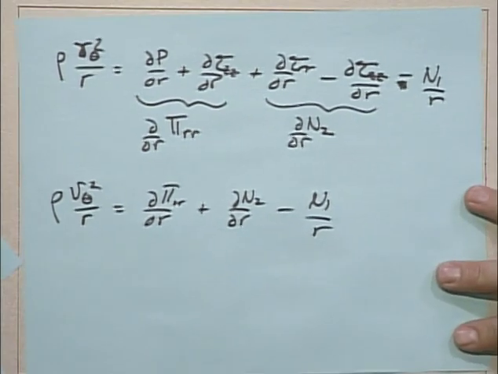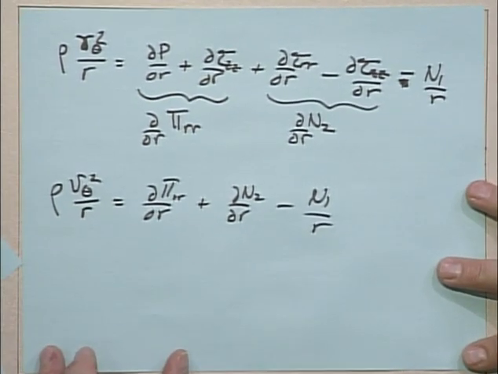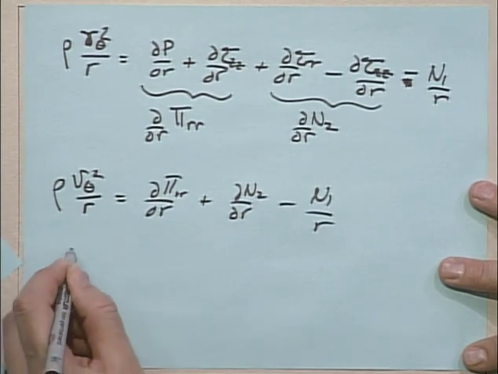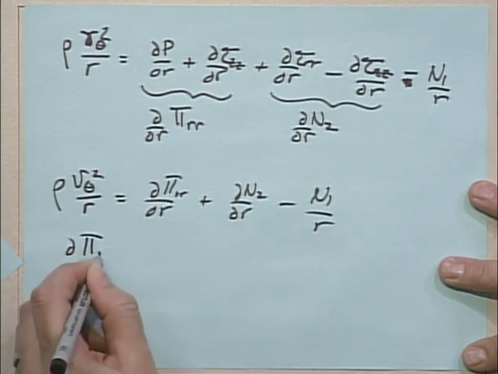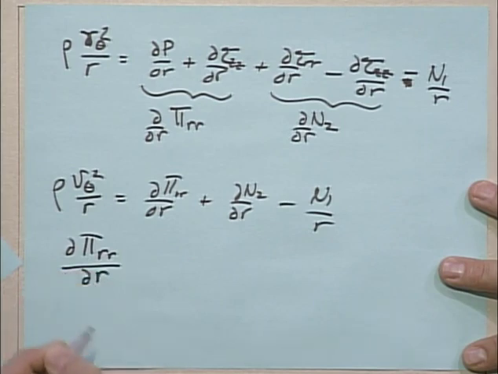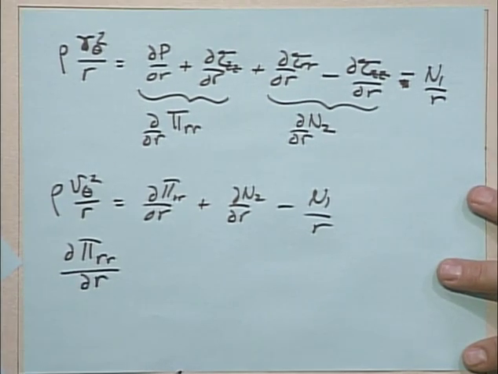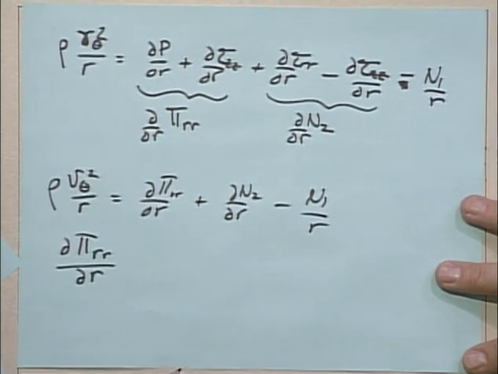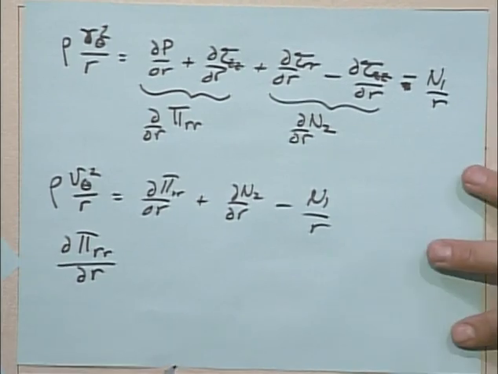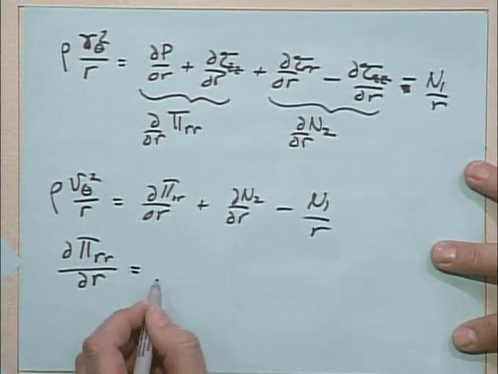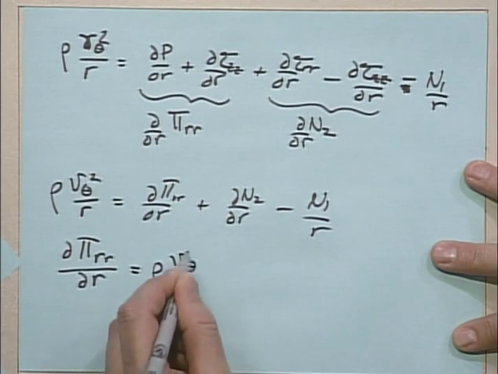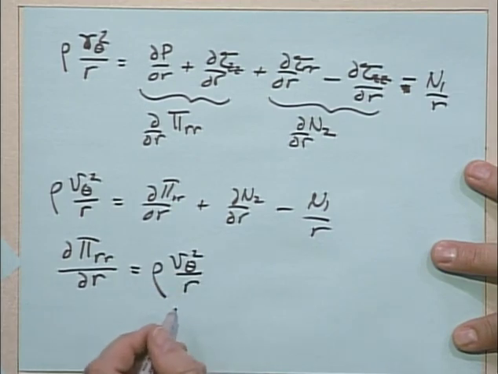Or solving for the pressure, which is the one I really want, the way pressure changes in the r direction, exactly the question I was looking for. The way the total pressure, the total normal force, changes in the r direction is equal to rho v theta squared over r, a most definitely positive quantity.